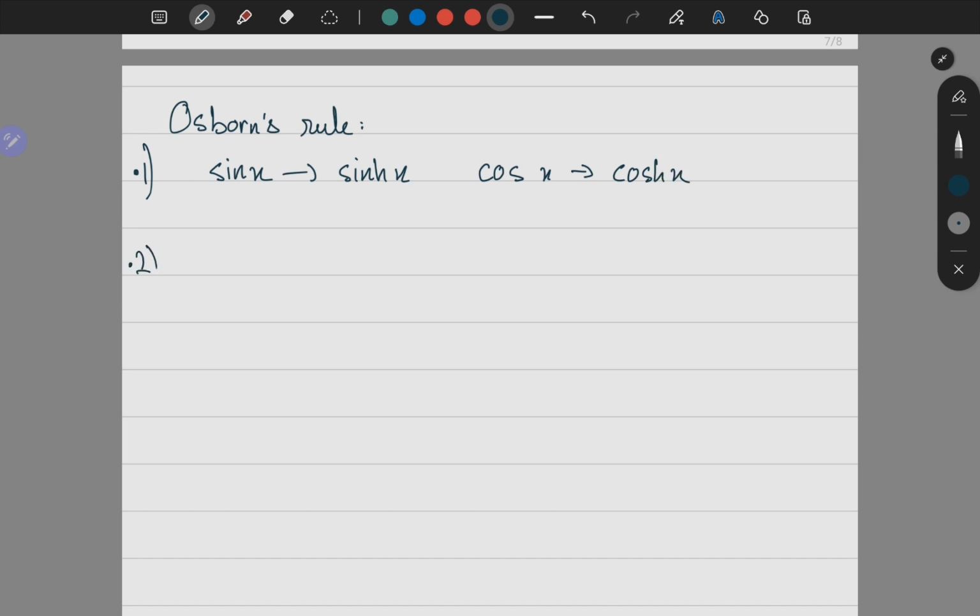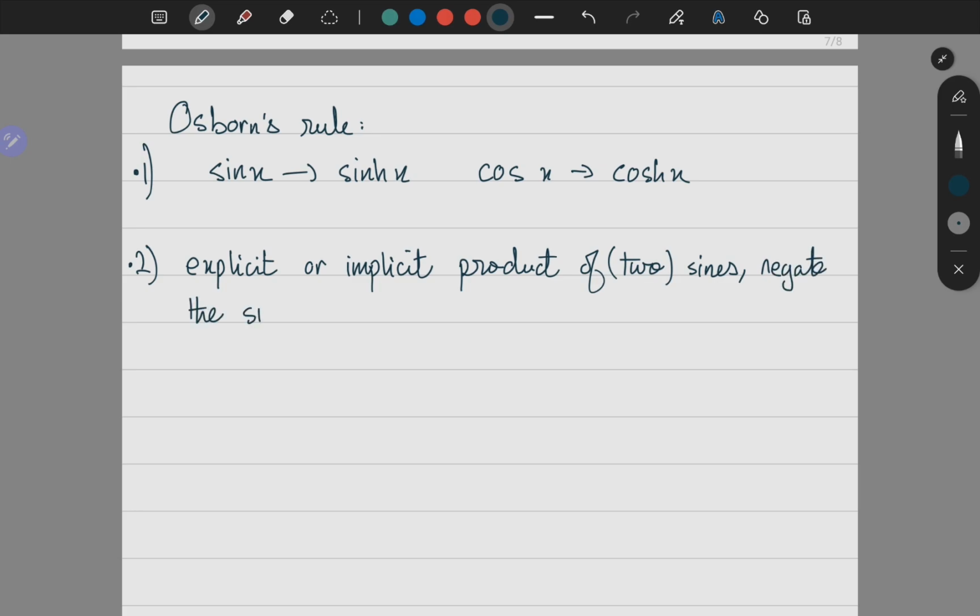And the second one is that if you see an explicit or implicit product of two sines, negate. So you just negate the signs to get sinh.